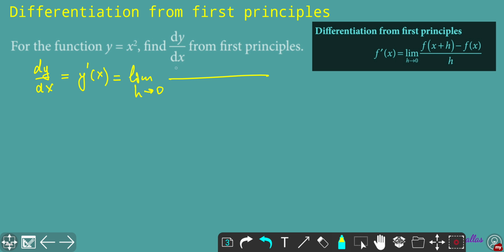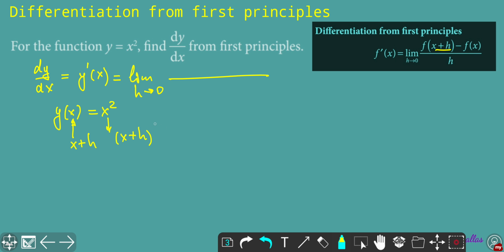Here y equals x squared, so you plug in the argument x plus h instead of x, and as a result you have (x plus h) squared.